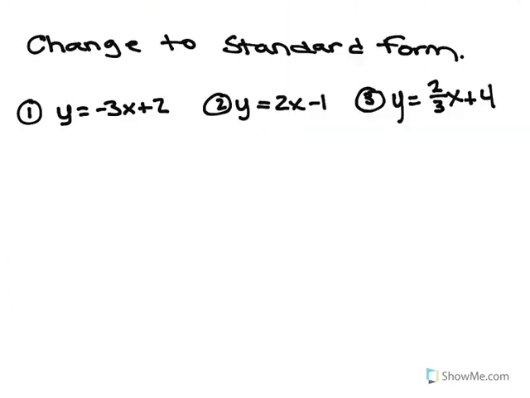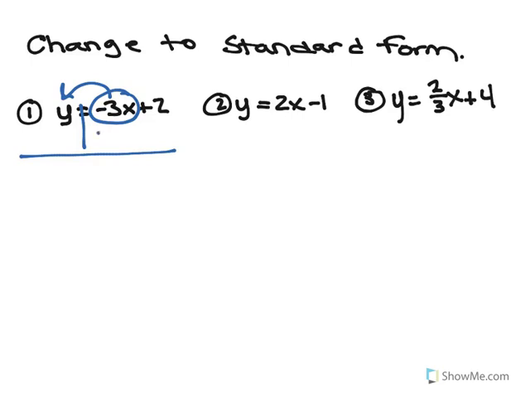Okay, so let's go into changing from slope-intercept form to standard form. Our goal is to get x and y on the same side. X cannot be negative and it cannot be a fraction. Looking at the first one, my first step is going to be to move over the x because we want x and y on the same side.